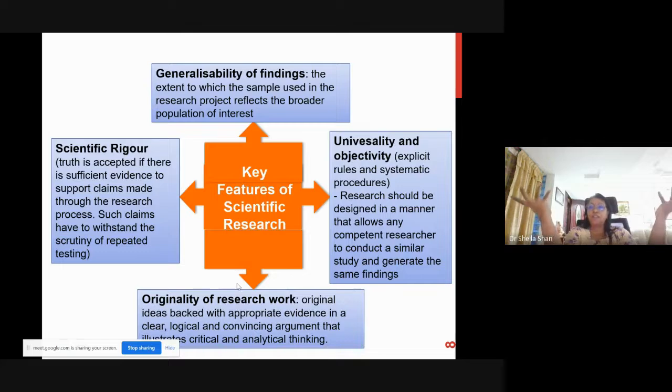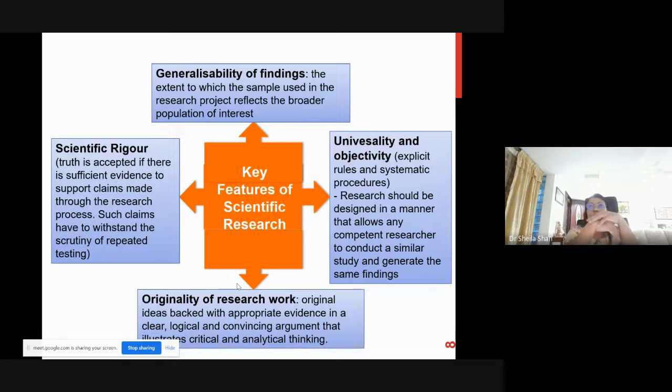If not, you cannot apply it anywhere. You can only say, oh, in PIDC only it works, in other places it does not work. When it's a scientific research, if it can work at your place, it should work everywhere in Malaysia. That's why your research is only scientific if you can generalize.